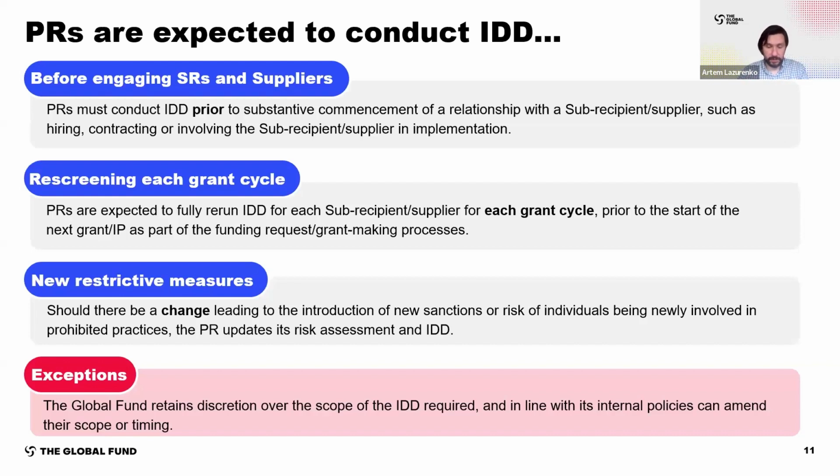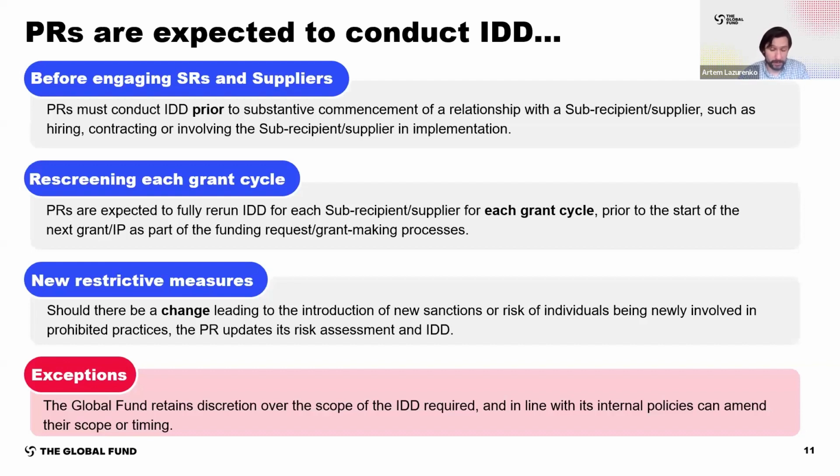If we have representatives from PRs on a call that have been through this process, you would know that the Global Fund is very dynamic and proactive in engaging in these situations and working out a specific solution that works in a particular context and that can allow our implementation to proceed, notwithstanding the difficulties that we're facing.